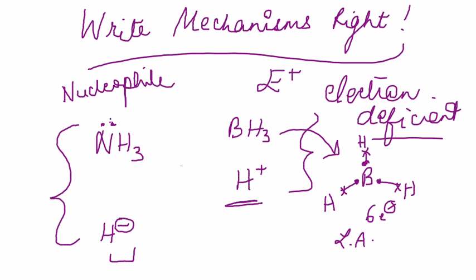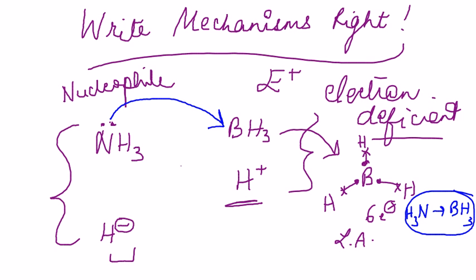So ammonia can donate electrons to boron, and it will form an adduct with electrons going to boron. NH3 will now have the positive charge. BH3 will have the negative charge because it has accepted those electrons.